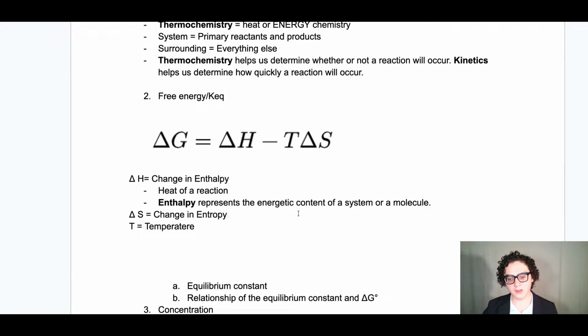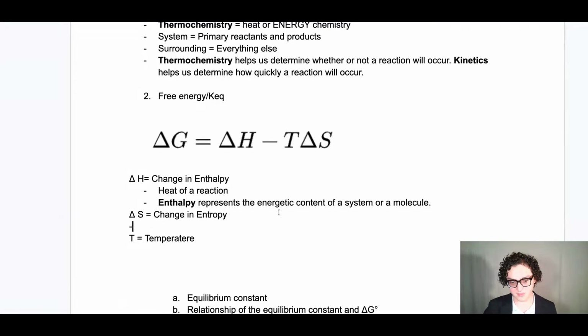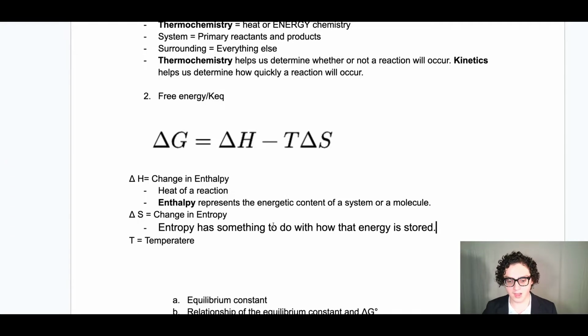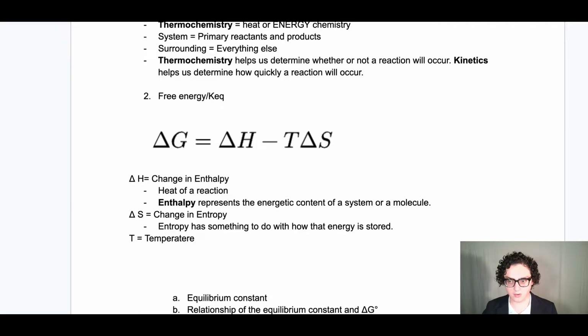There needs to be a consideration for this other thing called entropy. Entropy, as defined by this textbook, is how energy is stored. So entropy, they say, has something to do with how energy is stored.